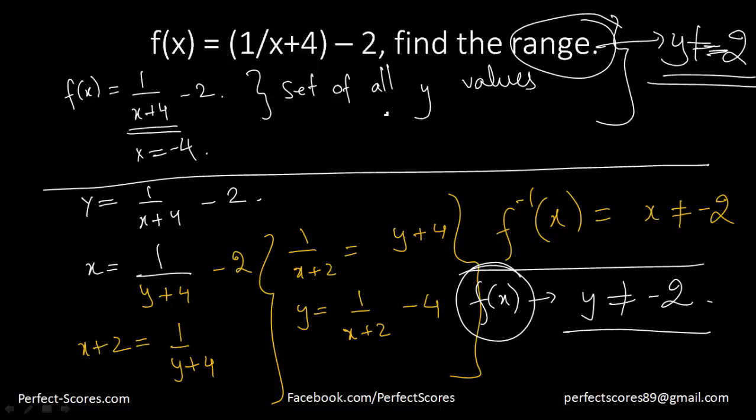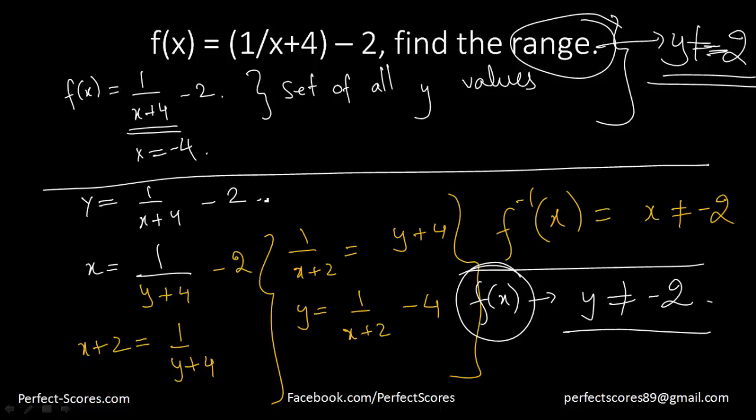So minus 2 is not in the range of this function here. I hope you're able to understand what I'm trying to say. The domain of this function is equal to the range of the inverse, and the range of the function is the domain of the inverse.